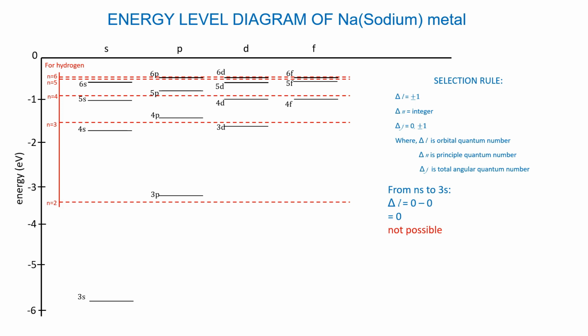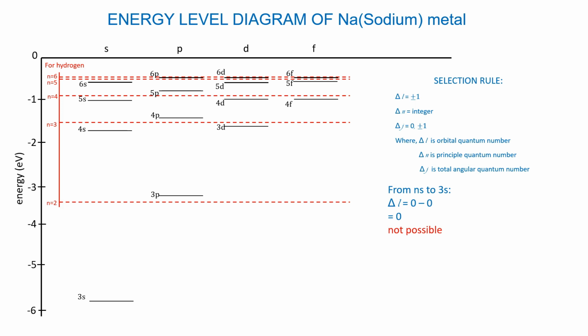For the first criterion, delta L, we know that for ns the orbital quantum number of s is 0, therefore 0 minus the orbital quantum number of 3s, which is also 0, gives 0 minus 0 equals 0. So it does not follow the first criterion of the selection rule. Hence it's not possible for an electron to transit from ns, that is from 4s, 5s or 6s, to the 3s orbital.